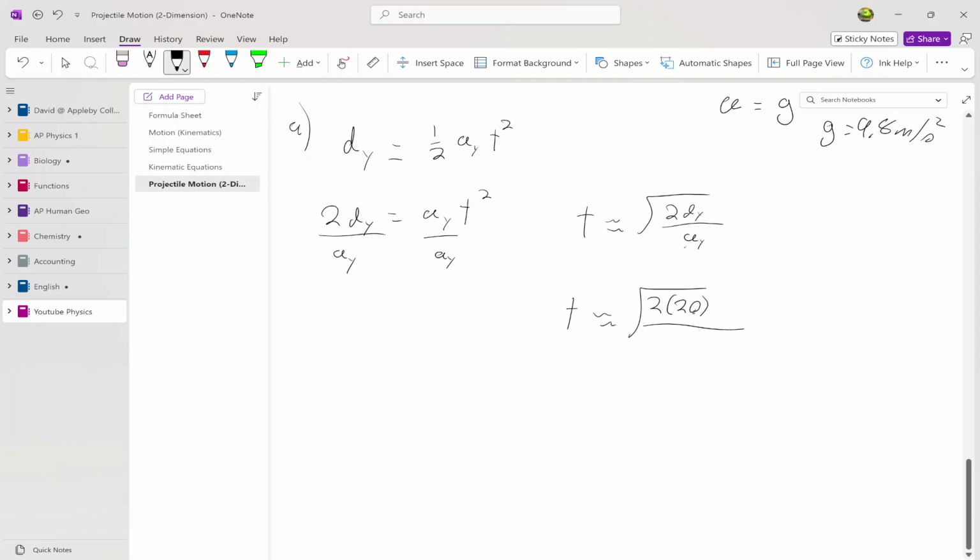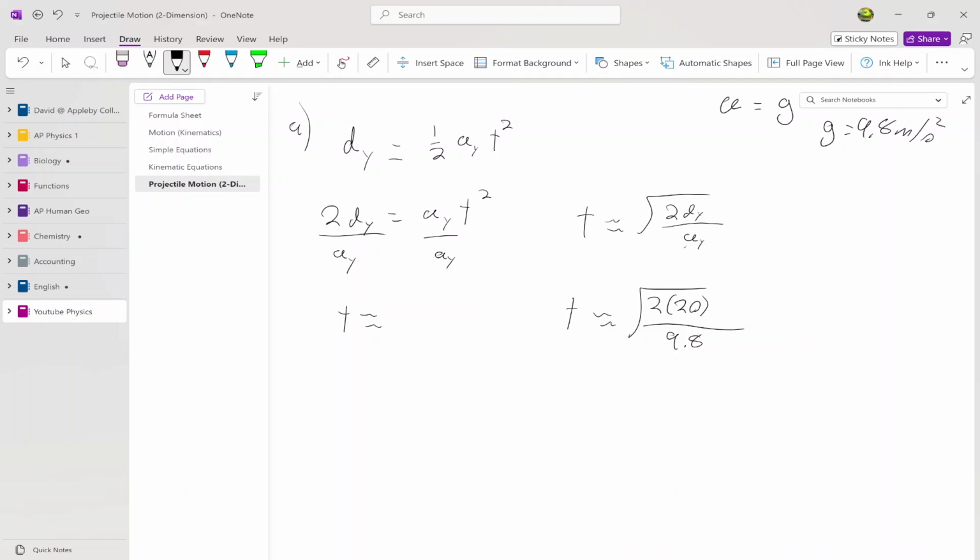So 2 times 20 divided by 9.8, and the time should be around 2 seconds if I'm correct. Think about it mentally. If we estimate the acceleration to be around 10, and it's 20 meters, it should only take around 2 seconds. So let's actually do it using our calculations.